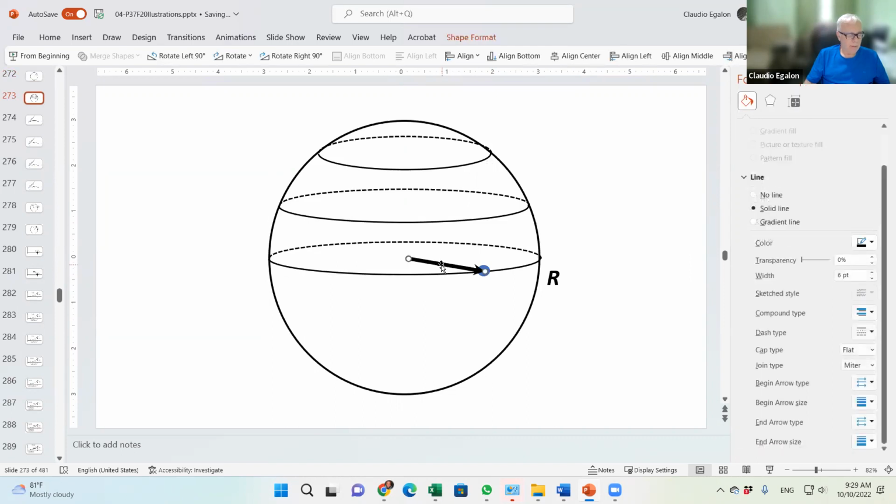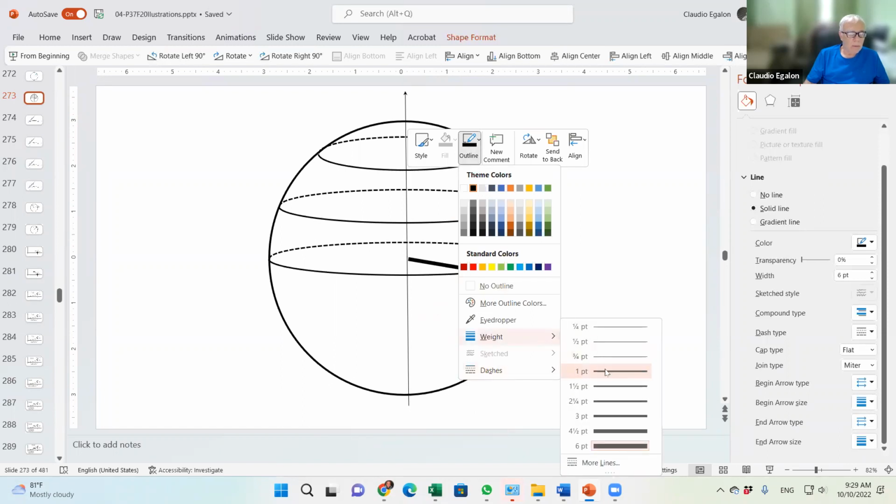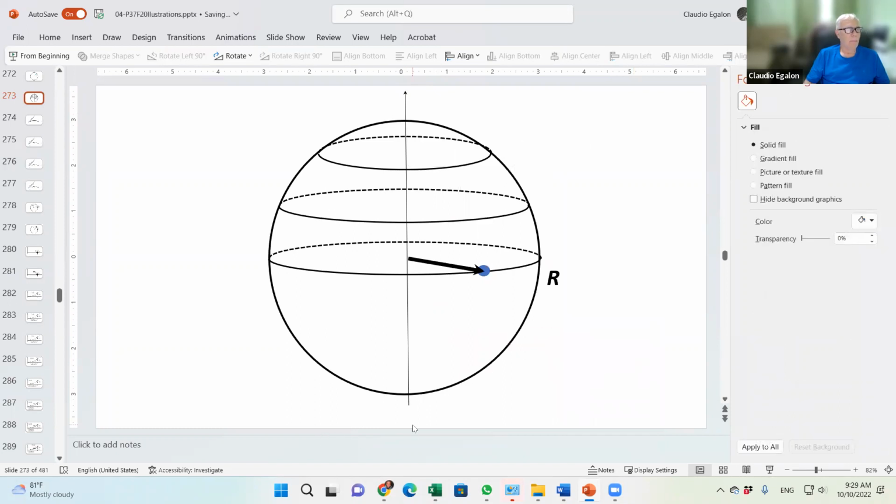And we also have the axis of the Earth. The Earth is rotating about this axis. North Pole is right in here. South Pole is right in here.